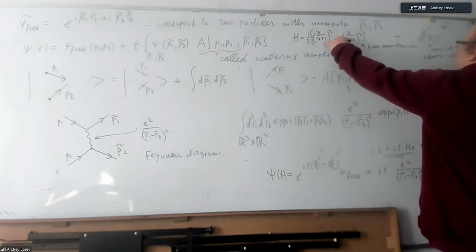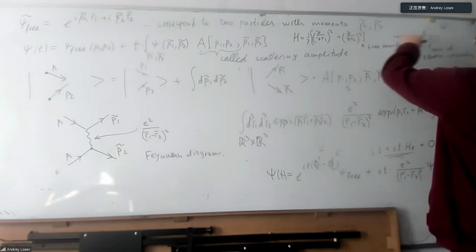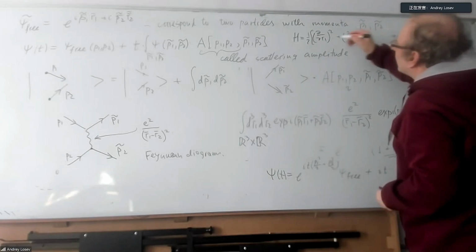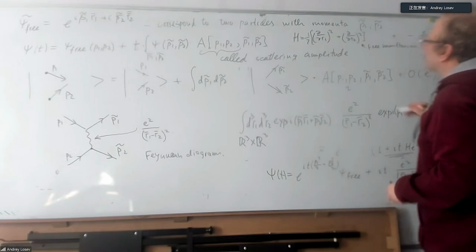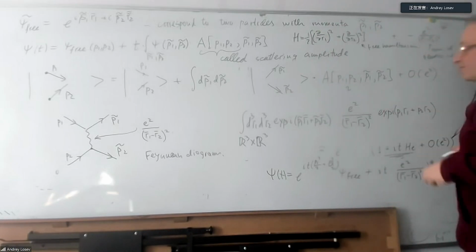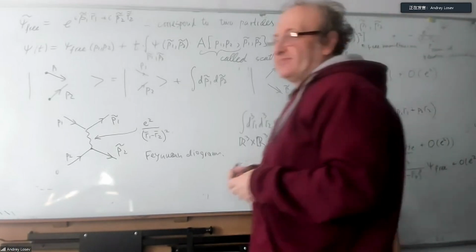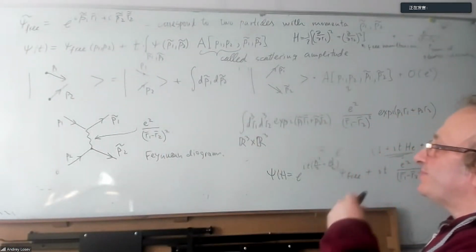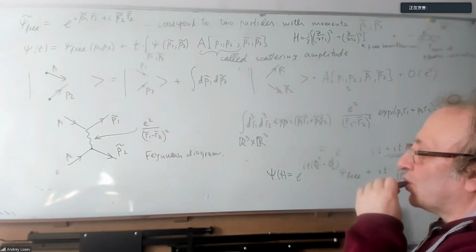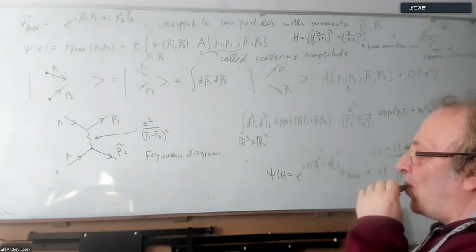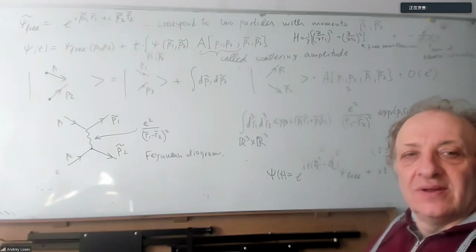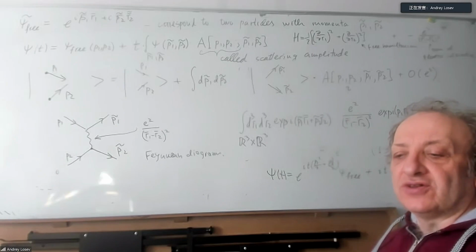So both parts of Hamiltonian, this one and that one, so actually here the sign is minus, and actually here is also sign is minus. They are both time independent. So have I answered your question?